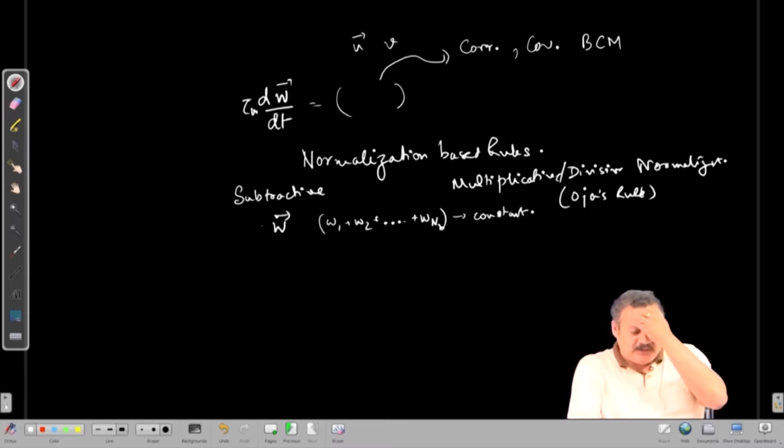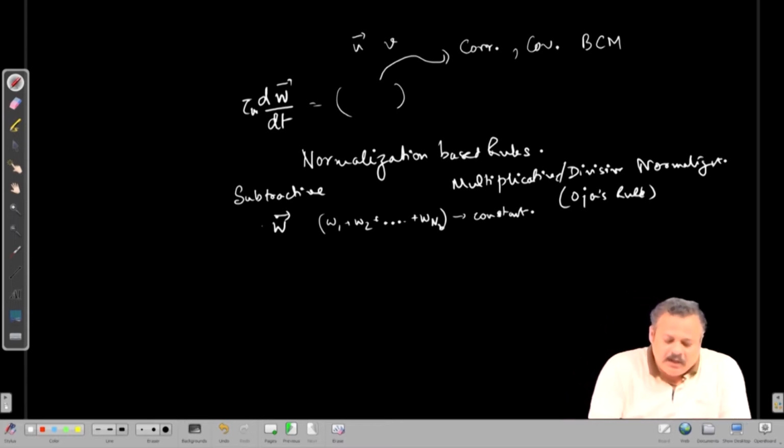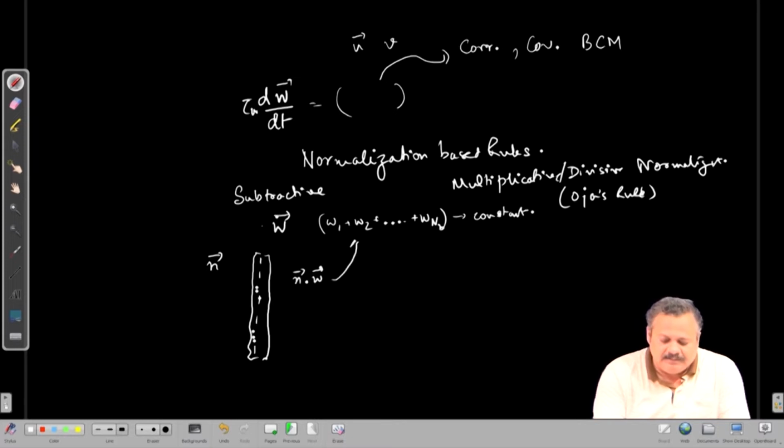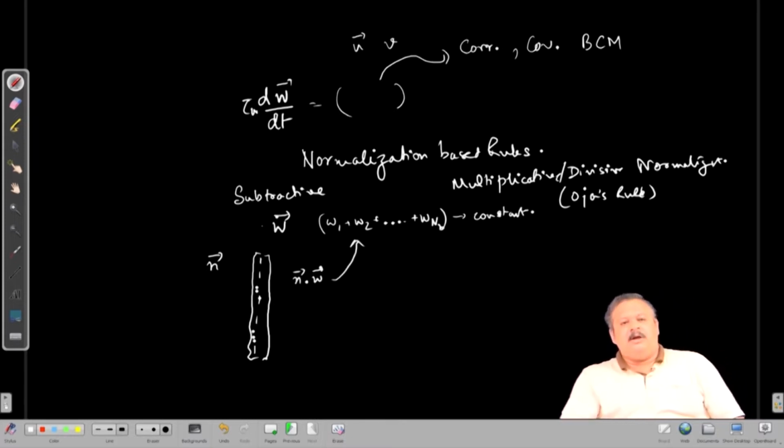So, in other words, if we define a vector n, where all elements are unity, then n dot w is this sum, the dot product of n and w.